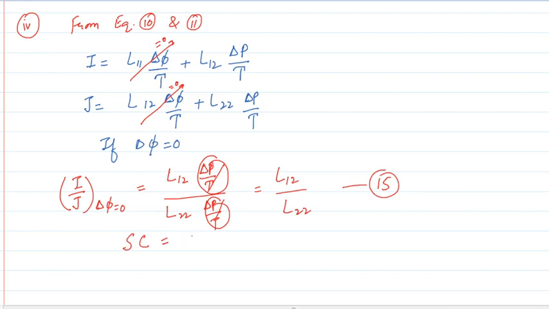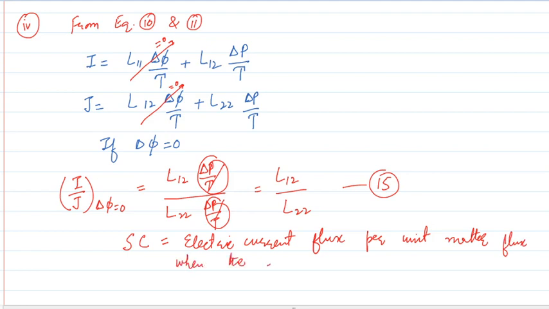It is basically the electric current flux per unit matter flux when the electrical potential difference tends to 0.